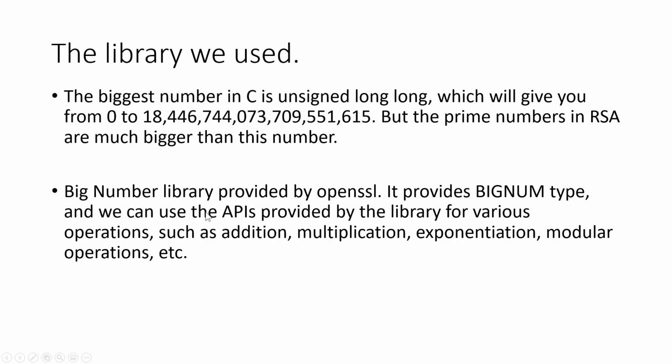The big number library also provides the BIGNUM type, and we can use its APIs for a lot of operations such as add, multiply, exponentiation, and modular operations like we use in RSA.